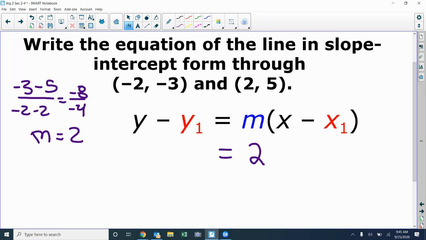So now I'm going to have y minus 5, right? x minus 2. So I just use the 2 and 5 because you can use the other ones, it does not matter. It just saves me from messing around with the negatives. We're going to get the same output no matter what.